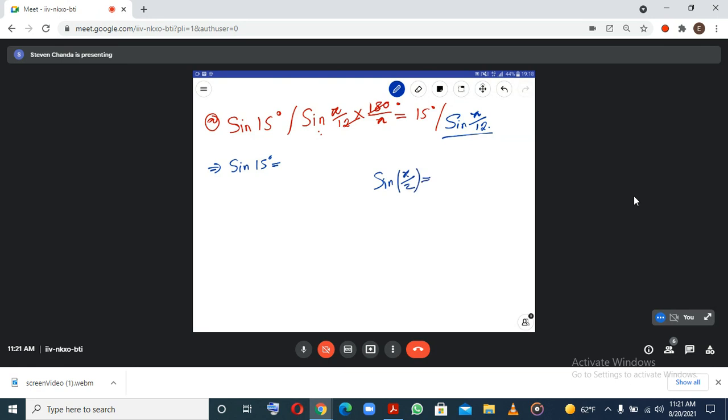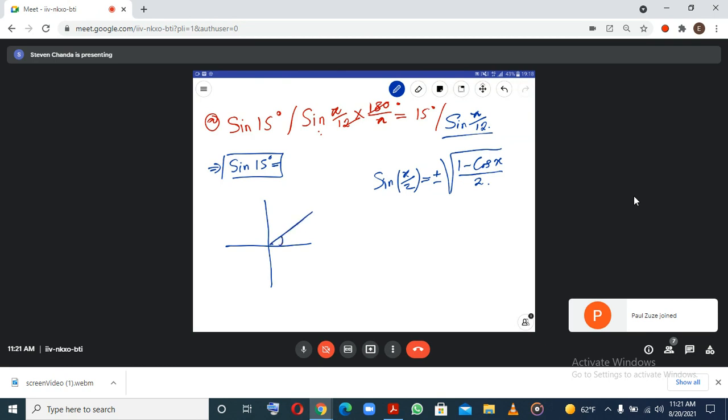You're asking yourself, is this going to be a negative or a positive answer? So you want to figure out, for this angle that I've been given, what's the value of sine in that particular angle? When you look at 15, when you draw this, and this is where many people make mistakes, angle 15 will be somewhere here, right?